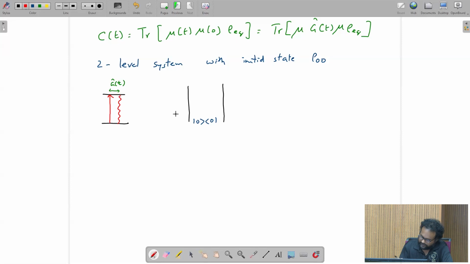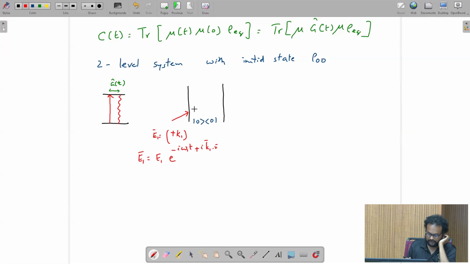And then you come with an electric field. Because I am drawing it from the ket side, my E1 will have some E1 e to the power minus i omega t plus i k1 dot r. That will be the form.